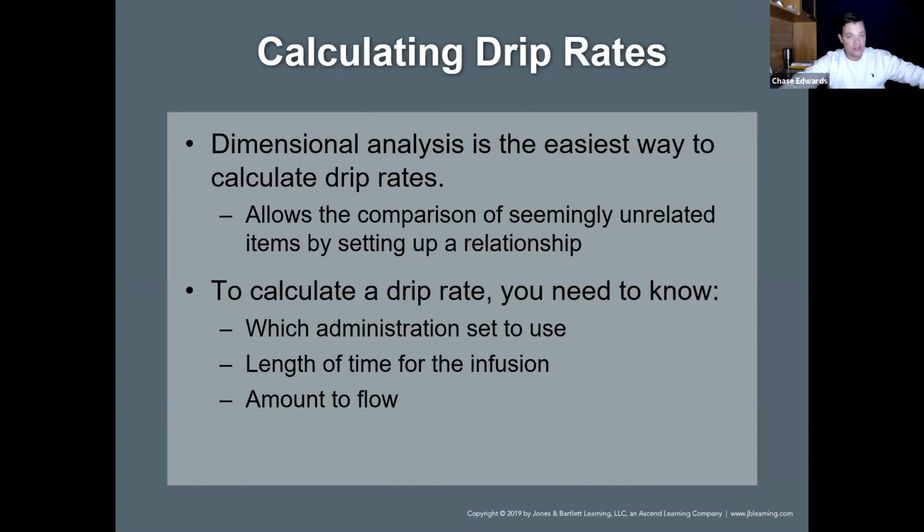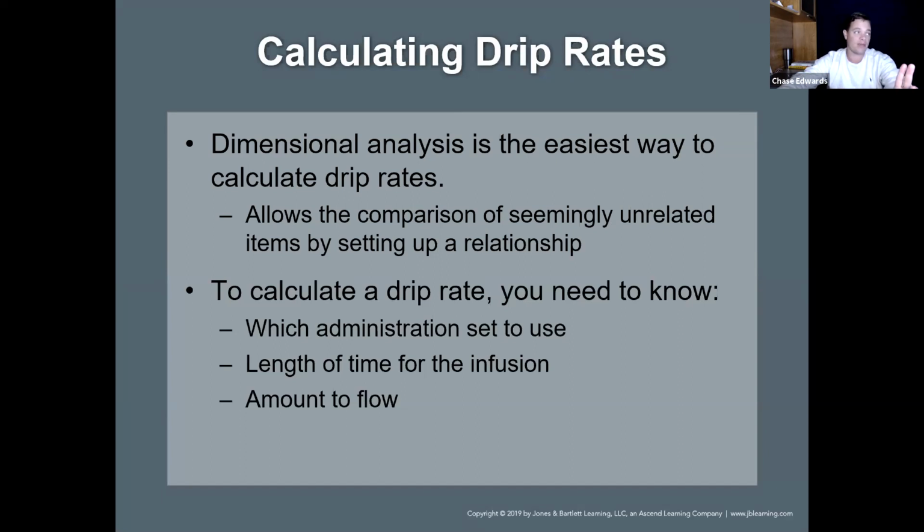So to calculate a drip rate, you need to know which medication set you're going to use. Are you going to use a 10, a 15, or a 60? The length of time for the infusion, how long you are going to infuse it for, and the amount of flow. You need to know that too. Remember that 1 hour equals 60 minutes. You don't say 1 hour, you say 60 minutes, or you say 120 minutes.